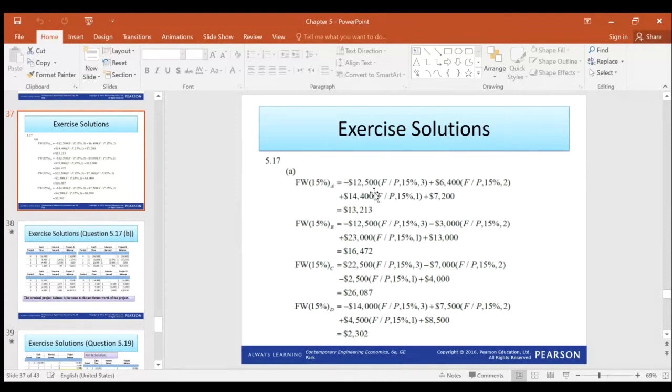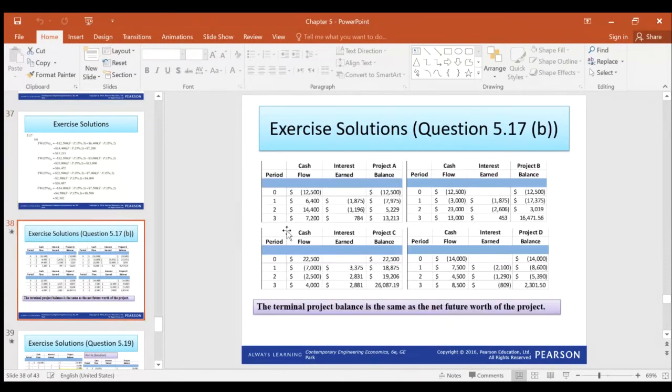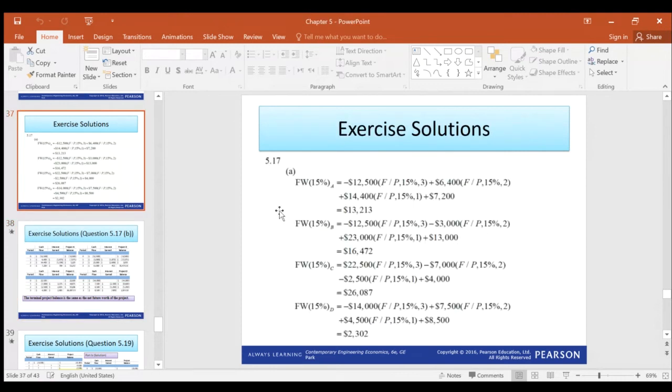Whether you calculate a future worth of a project or a project balance at the end of year 3, it is the same amount. Look at the last number here in project number A, 13,213 is the same as what you have done before, the future worth of a project.